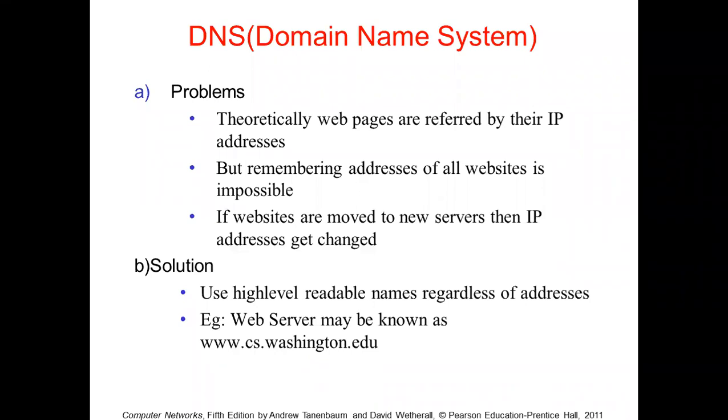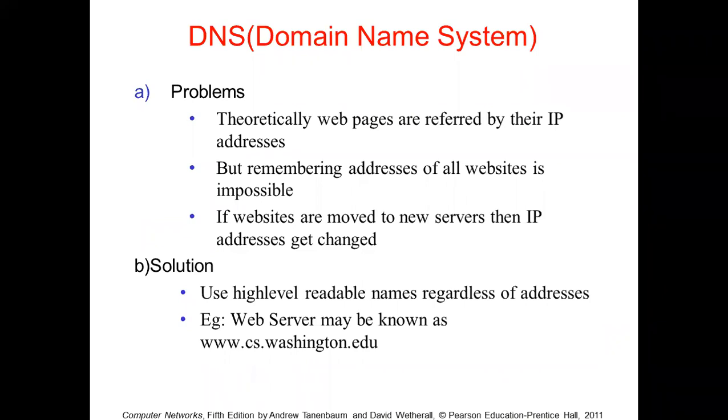Yes, ma'am. So a solution to this problem was that they decided to make use of high-level readable names, because remembering the IP addresses would be so very difficult. They thought of giving names to those machines and accessing them with the help of names. Look at the slide and the example.